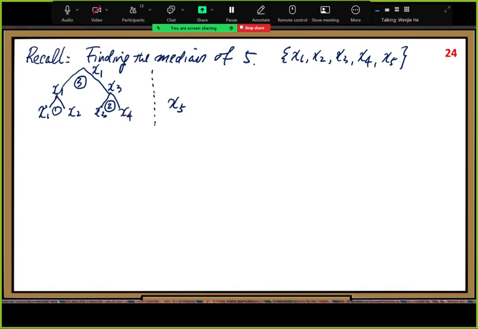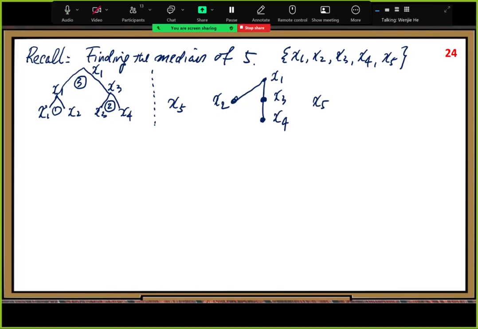Now, after 3 comparisons, let's look at the current status of the data using a diagram. x1 is larger than x3, larger than x4, larger than x2, and x5 is unknown, larger or smaller unknown.